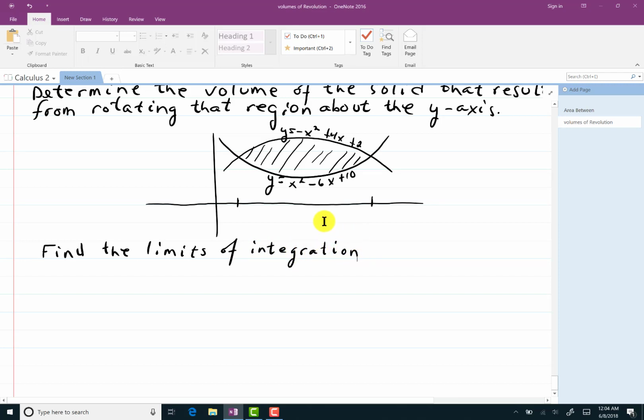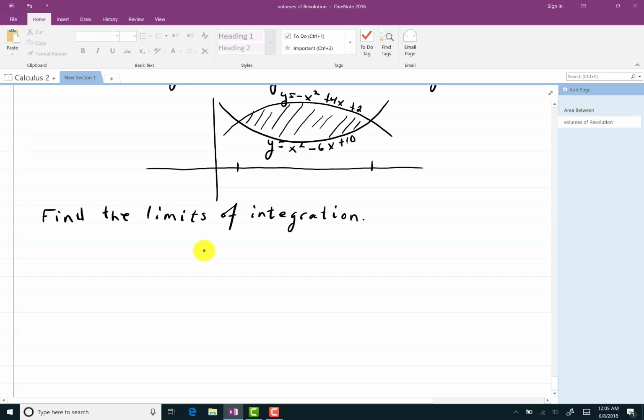Well, let's set them equal to each other. We're going to have negative x squared plus 4x plus 2 equals x squared minus 6x plus 10. I'm going to take everything to the right hand side, and I'll get 0 equals 2x squared minus 10x plus 8.